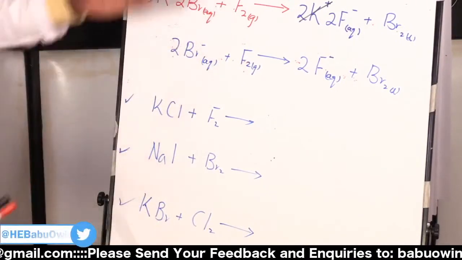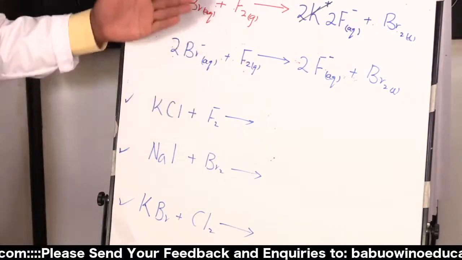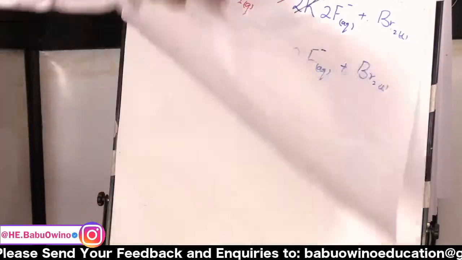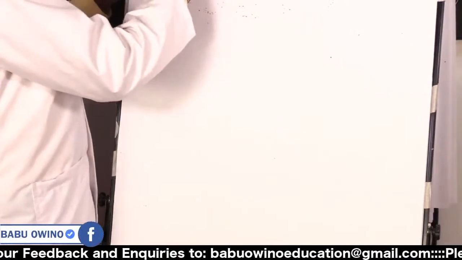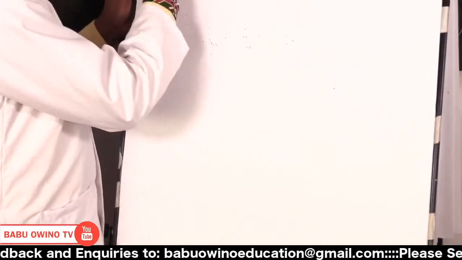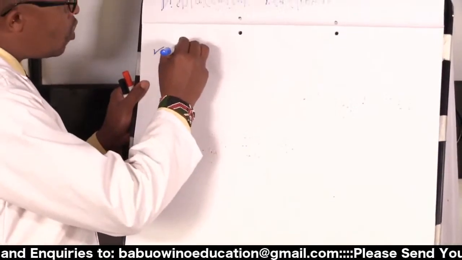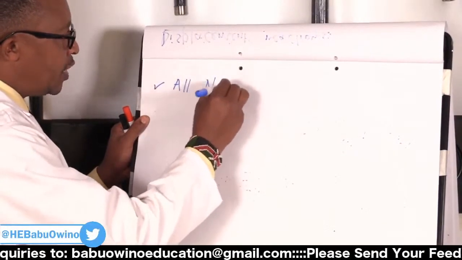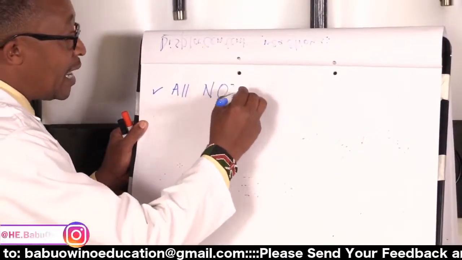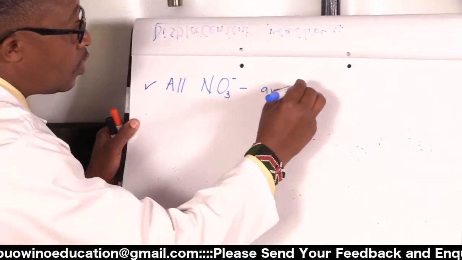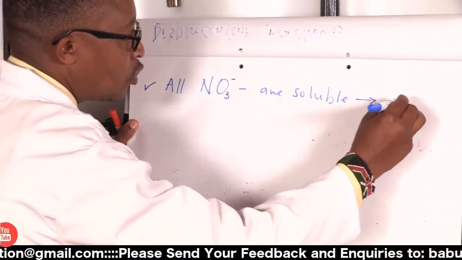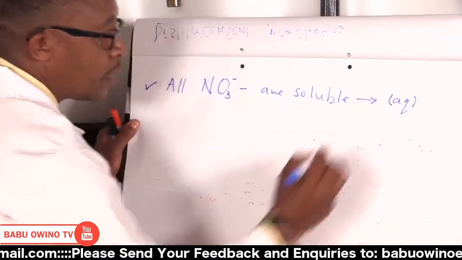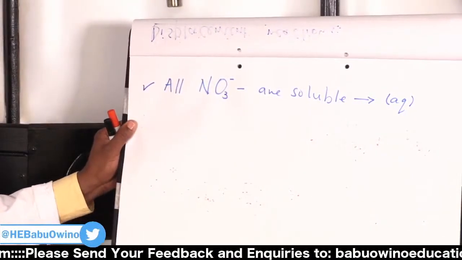And by the way, when you are working out ionic equations, it is important you ask yourselves whether the salt is soluble or insoluble. For instance, we know that all nitrates are soluble. All of them. And in that case, the state symbol should be aqueous, as long as there is water.